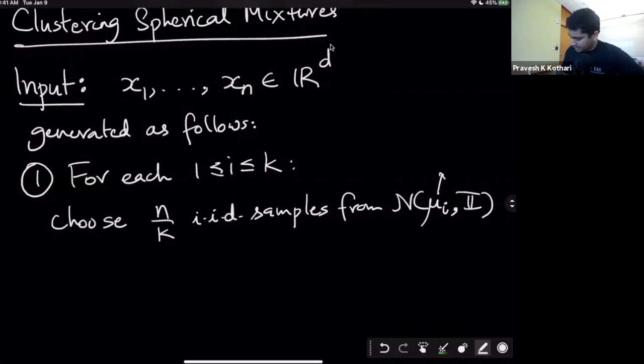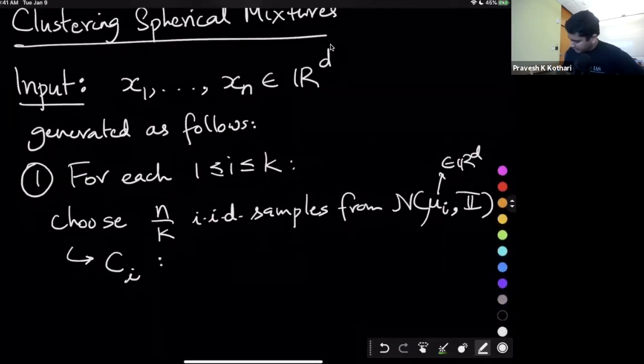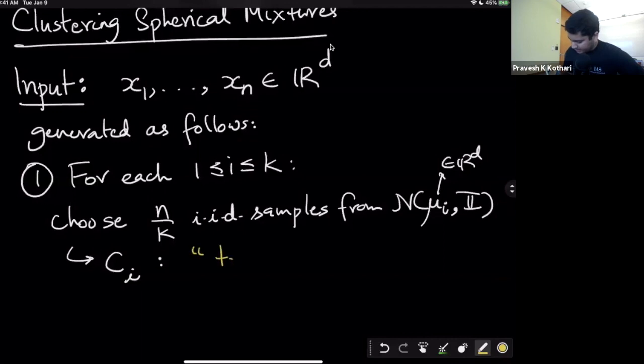So this mean vector is some arbitrary point in R^d. I'm going to choose n over k IID samples from this Gaussian distribution with identity covariance and mean mu sub i, and I'm going to call these points C sub i. I'm using this notation because throughout today's lecture, we're going to refer to the C sub i's as the true or original clusters.